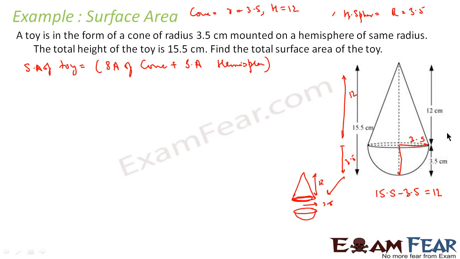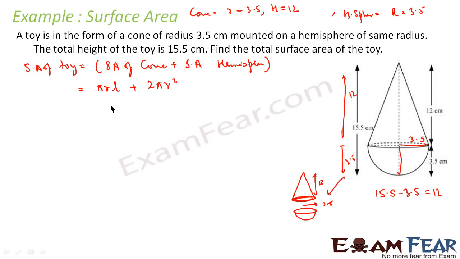But it was difficult for us to find the total value of this figure. Now surface area of cone is pi r L, where L is the slant height, and surface area of hemisphere is 2 pi r square. L is something which we don't know.